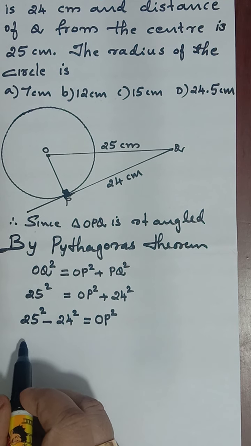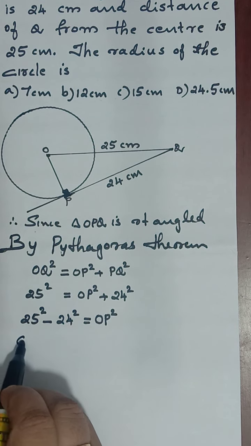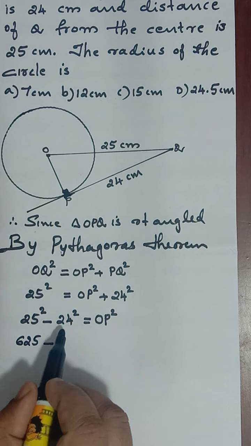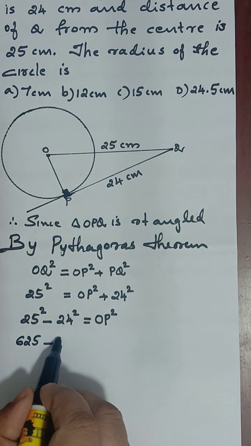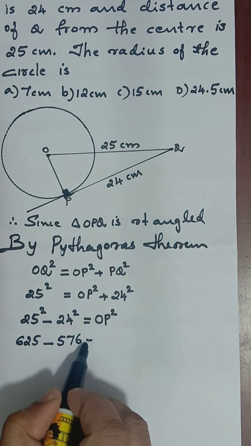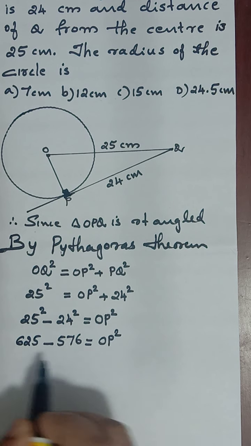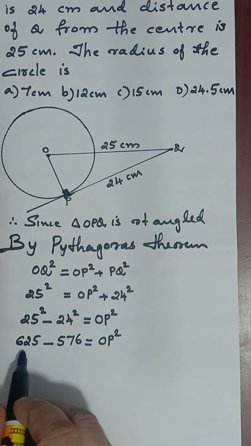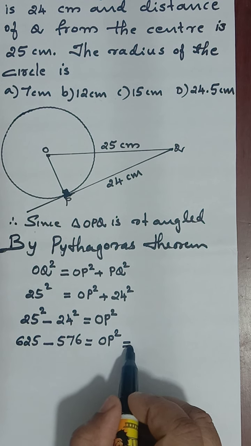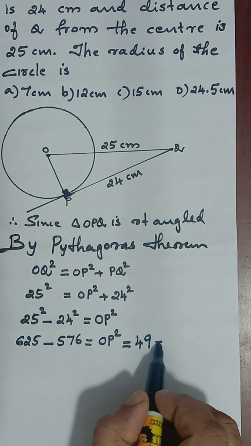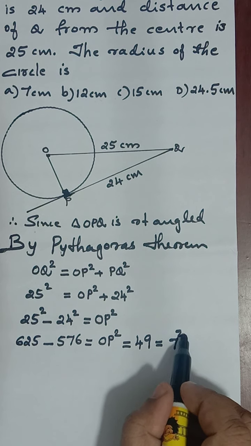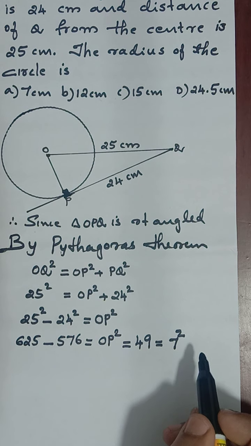Let us see what it is. 25 square is 625 minus 24 square is 576, equal to OP square. Subtract, what do we get? We get 49. Isn't it a square number? So we can write it as 7 square.